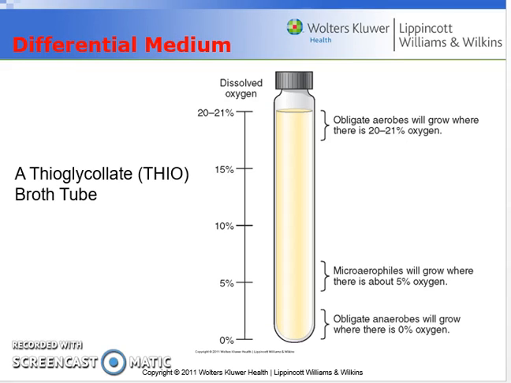And an example is that of thioglycolate broth. With thioglycolate broth, you can tell the difference between organisms that are obligate aerobes. You can tell the difference between organisms that are microaerophiles or the organisms that are considered to be obligate anaerobes.